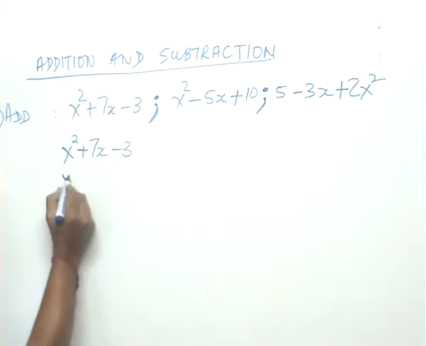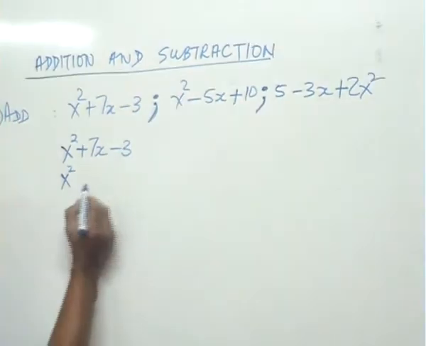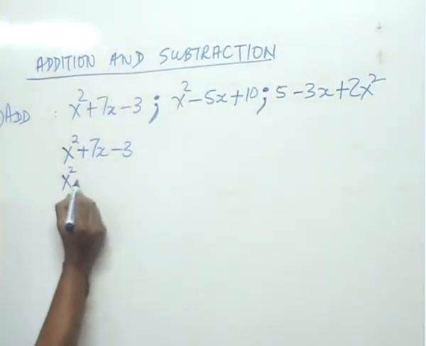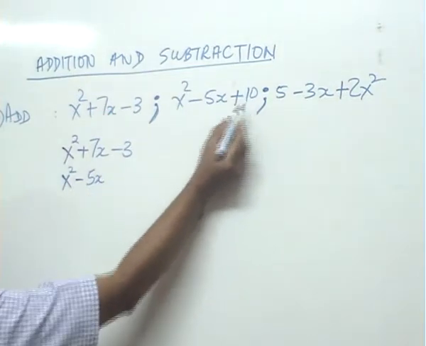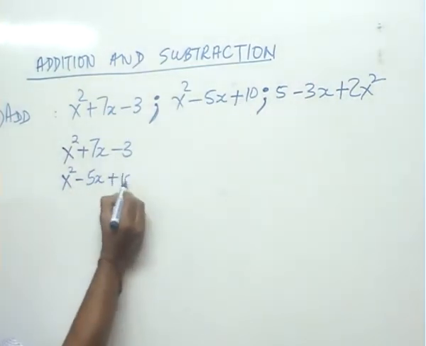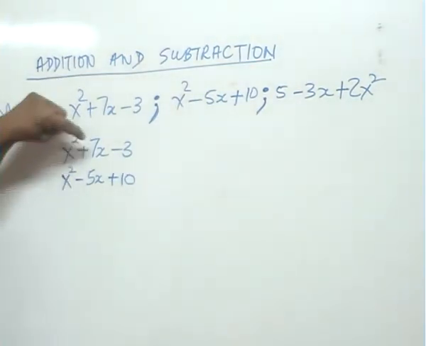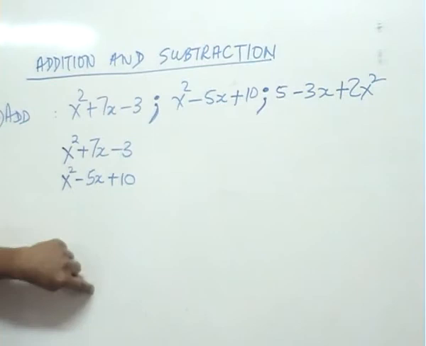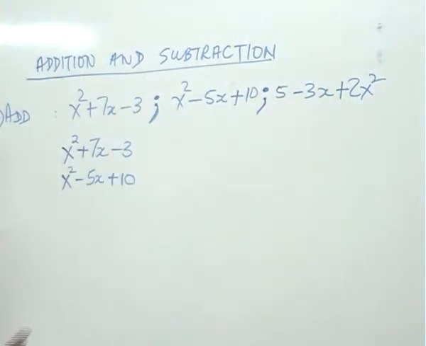So that is x squared, so x squared will come under x squared. Now that one is minus 5x, so it must come under x. And the next one is 10. In other words, all the x squareds will be one below the other, all the x's will be one below the other, all the numbers will be one below the other.